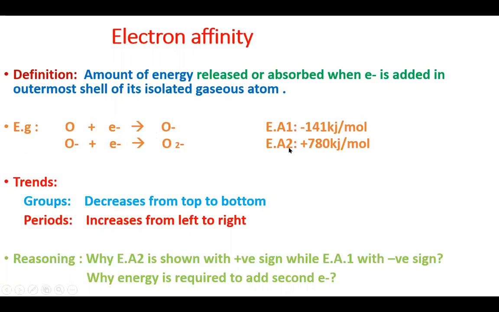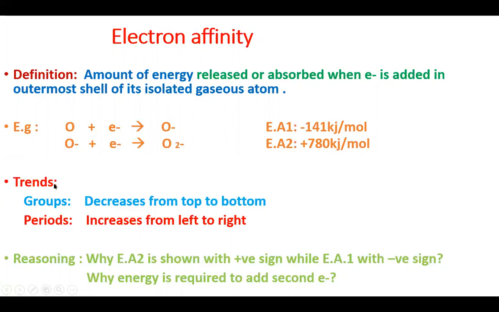In this process, energy is being absorbed. It means for the addition of the second electron, 780 kilojoules per mole of energy is required. The first step is an exothermic process, while the second step is an endothermic process.